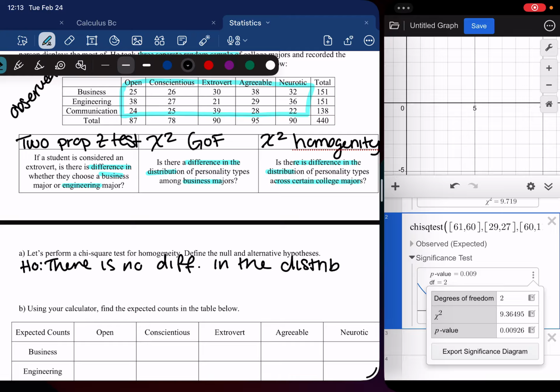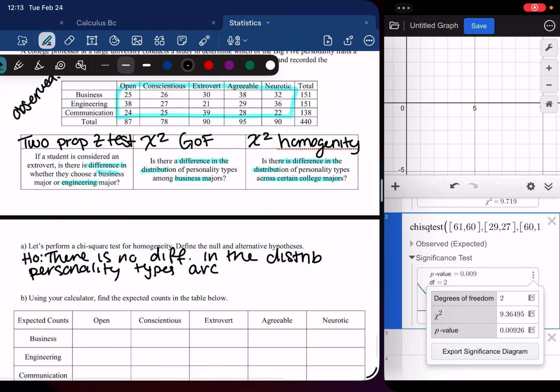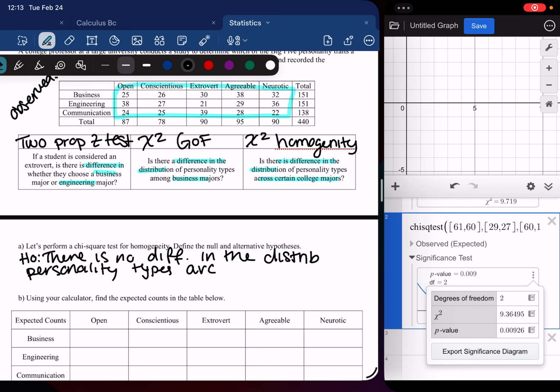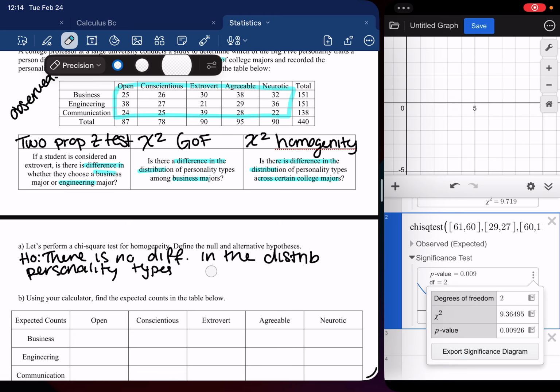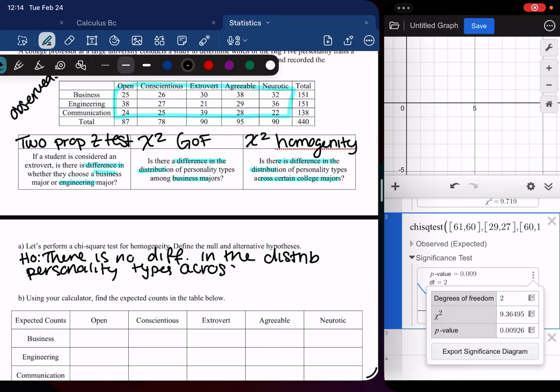And this is personality types across majors. Which means my alternative hypothesis is going to say what?